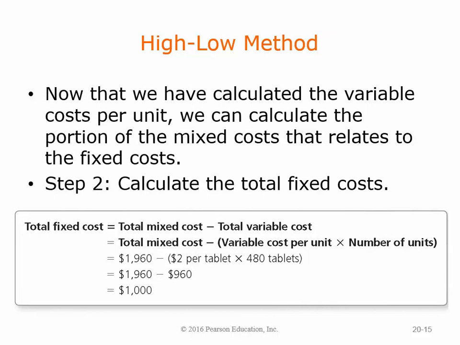So here they use the high cost for the total mixed cost minus the variable cost times the volume at that same level, and that comes up with the fixed cost. If you think about this, those of you who remember algebra, this is just y equals mx plus b. It's just recast, okay?